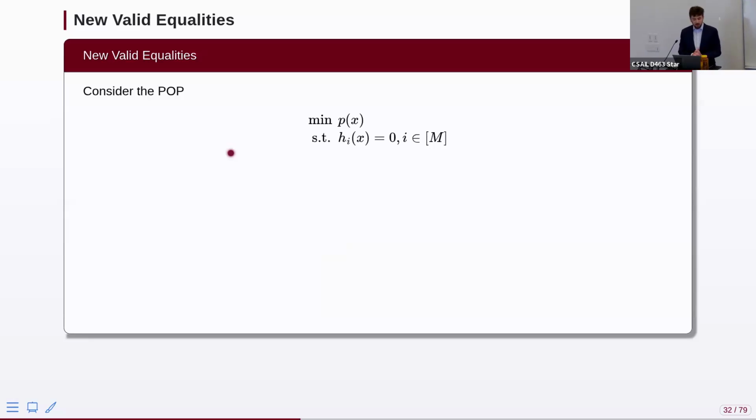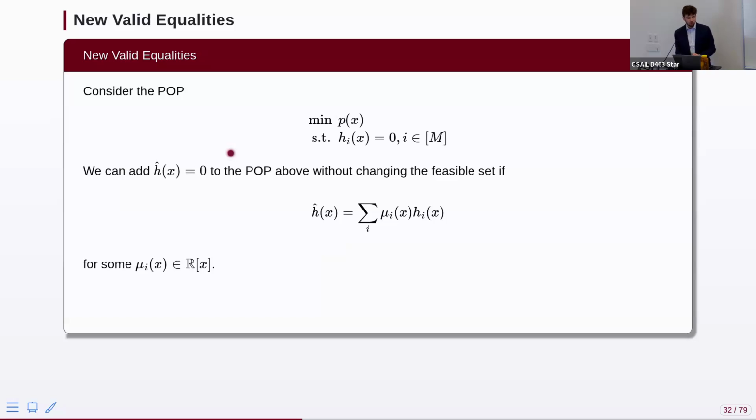So what do we do? If I have a polynomial optimization problem and I want to add a new ĥ(x) = 0 constraint to it, one way that I can parameterize the set of everything I could possibly add is, if you suggest to me a ĥ, I can say this is definitely redundant if I write it in this way. And similar to the sums of squares stuff before, ĥ is 0 where I care about, because all of the h_i's are 0 where I care about already.